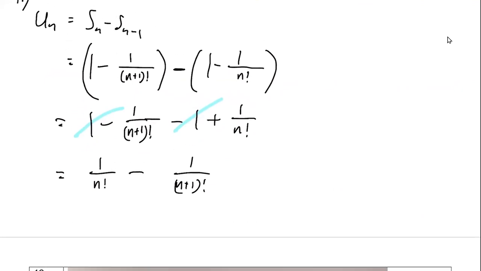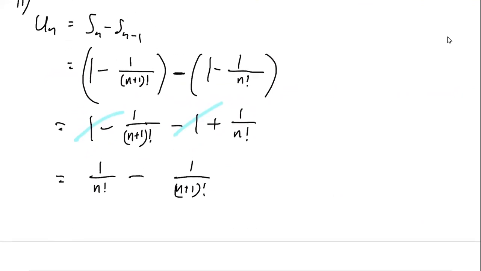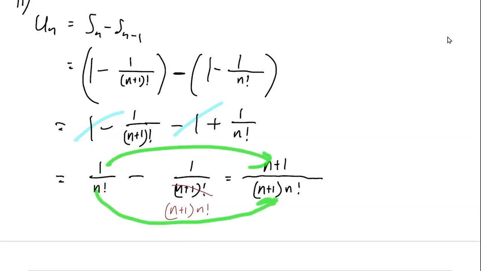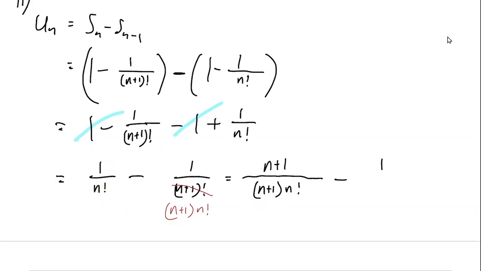I guess this is quite simple already, but if you really want to simplify a bit more, you can interpret (n plus 1) factorial as (n plus 1) multiplied by n factorial. So you can combine into a single fraction. How do you go from n factorial to (n plus 1) times n factorial? Just multiply by n plus 1 top and bottom. So 1 times (n plus 1) over n factorial times (n plus 1). Subtract away the second fraction, 1 over (n plus 1) times n factorial.